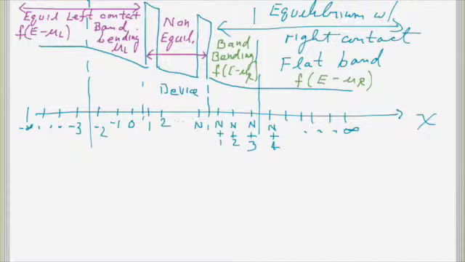I'm thinking about the band bending region. There is potential. So why is this non-equilibrium? Because, to a very good approximation for this kind of problem where you have a big barrier separating the left region from anything else, if you think of what determines the charge density, you have A left times F left plus A right times F right.